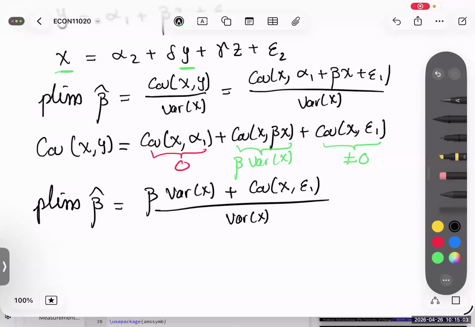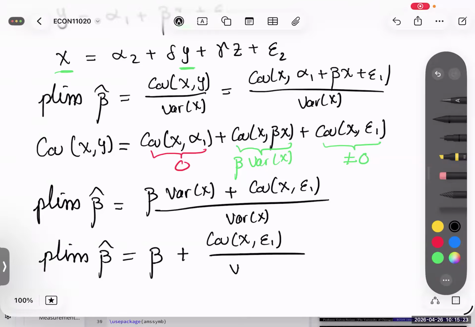So this was easier, right? Because now, conclusion, here we have that the probability limit of beta is the true value of the parameter plus something else, which in this case is this ratio of covariance x epsilon 1 and the variance of x.